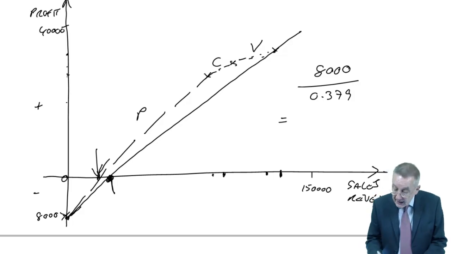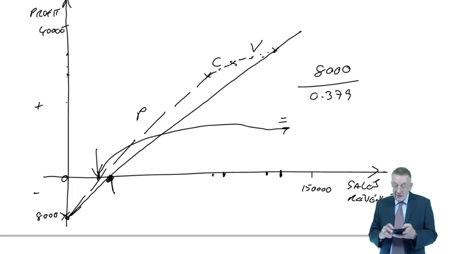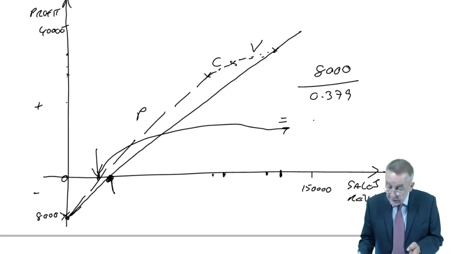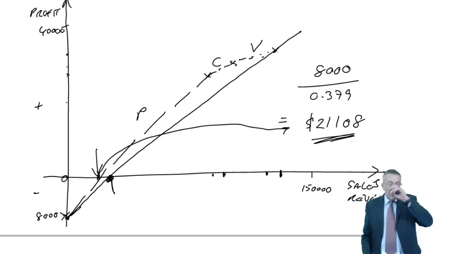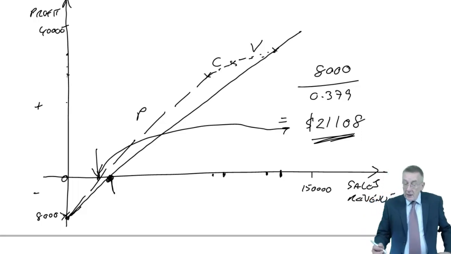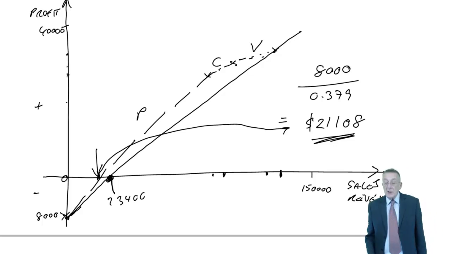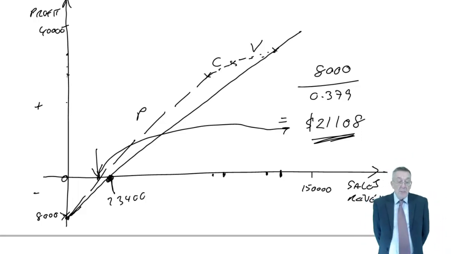So the new break-even, 8,000 over 0.379, would be revenue of 21,108. Look back yourself, I think break-even was 23,400 when we were selling them in the same ratio. Selling P first will get us to break even sooner, and in that sense would be preferable.